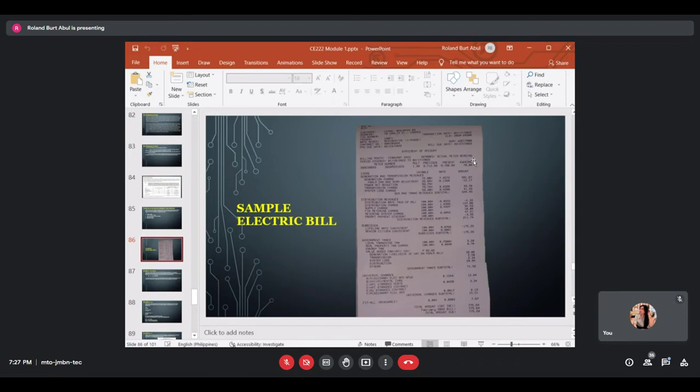So again, just a review, what is the unit of energy? Perihan, Vincent, Joel, sir.